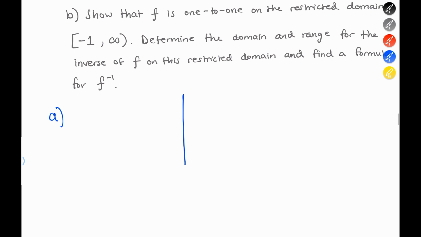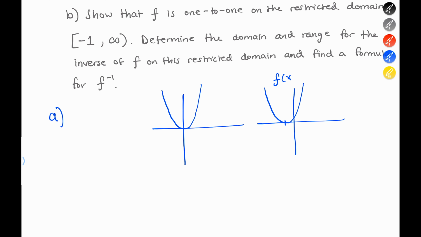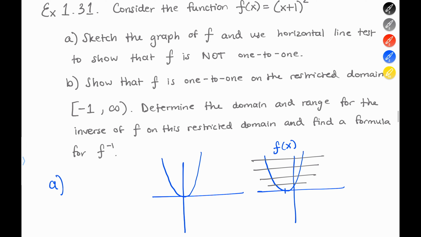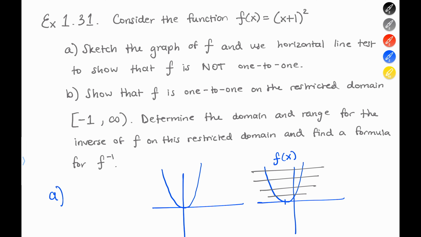So if this was the parent function, something like that, our f of x would be over here, and it'll be something like that. So this is our f of x. And if we were to draw a horizontal line through it, we'd notice that it passes through more than one point. So we just proved that this function is not 1 to 1.